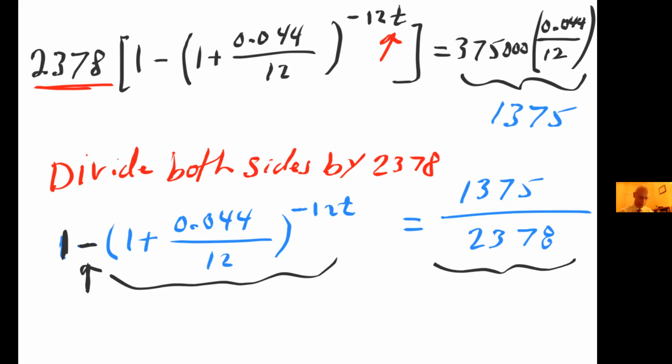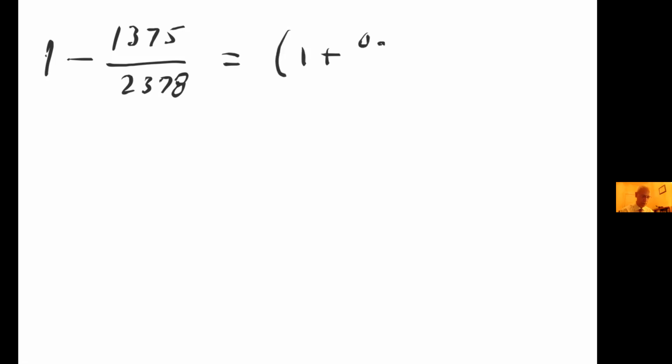So if I rearrange, I'm going to have 1 minus 1,375 over 2,378 equals 1 plus 0.044 divided by 12 to the power of negative 12t.